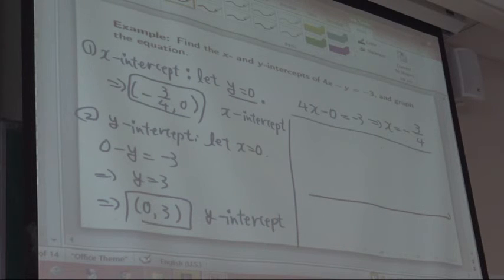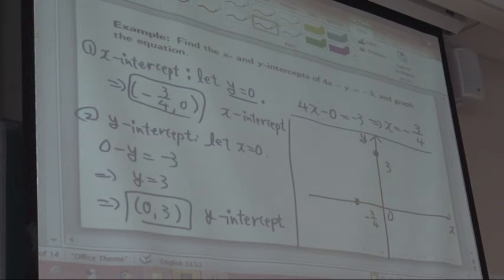Now let's draw that. X, 0, y. We have an x-intercept at negative 3 over 4, which is around here, and the y-intercept is 0, 3, which is here.